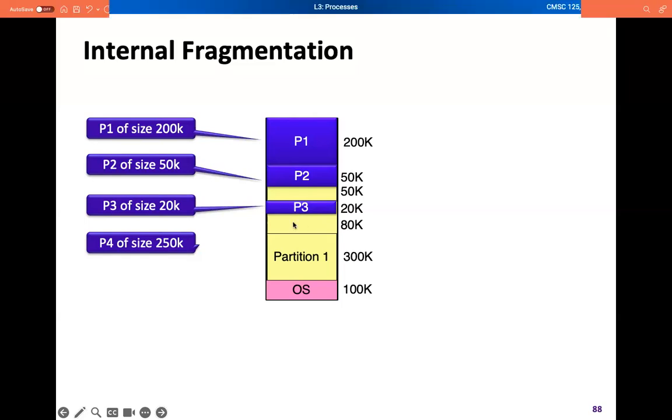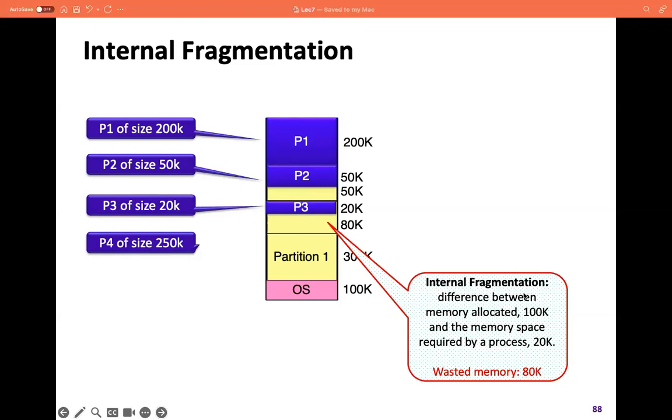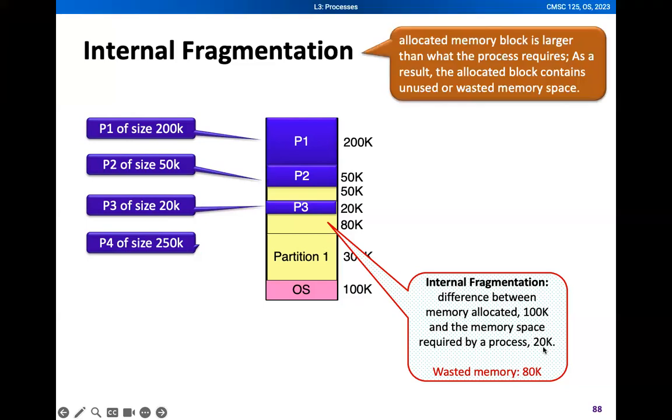Again, this whole partition will be allotted for P3. So P3 has been given the whole 100K when it only needs 20K. So there will be a wasted memory of 80K. Again, the internal fragmentation is the difference between the allocated memory, which is 100K, minus the memory space required by a process, which is only 20K.